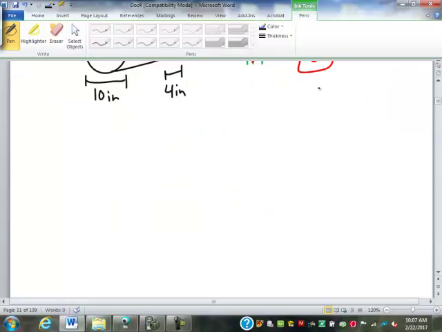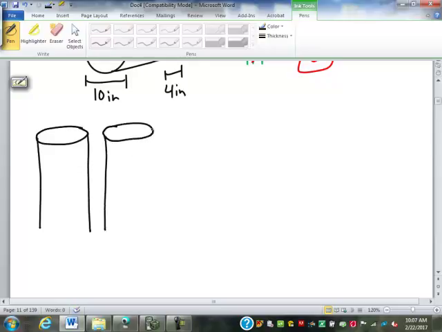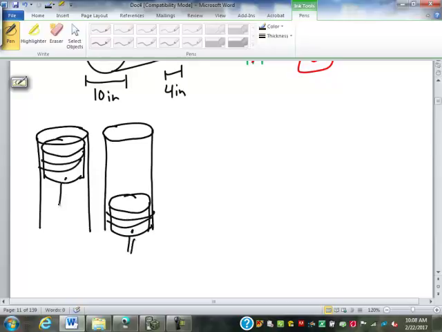One last mechanical example. We'll see if I can draw this out to make it recognizable. Anybody figure it out yet? Pistons, very good. This is a compression ratio.